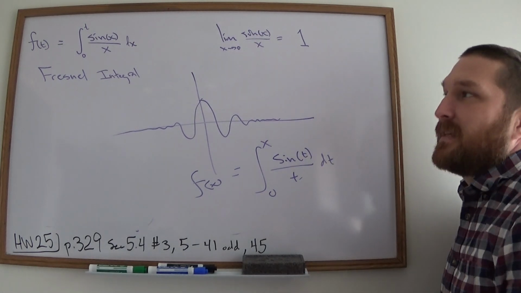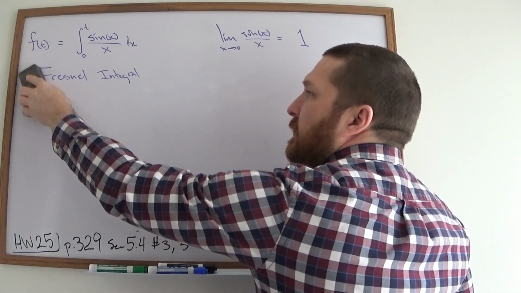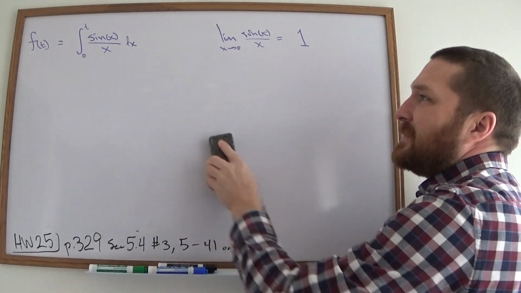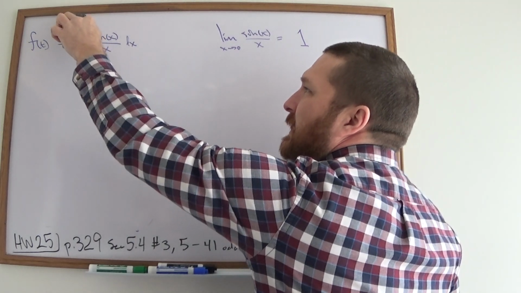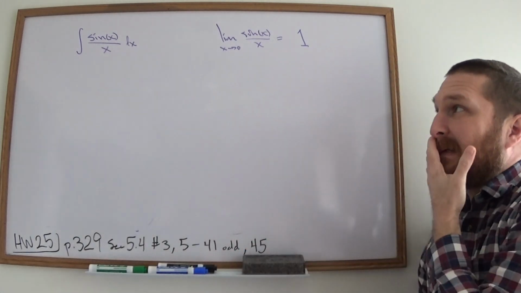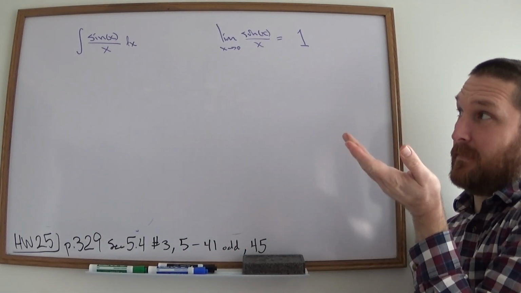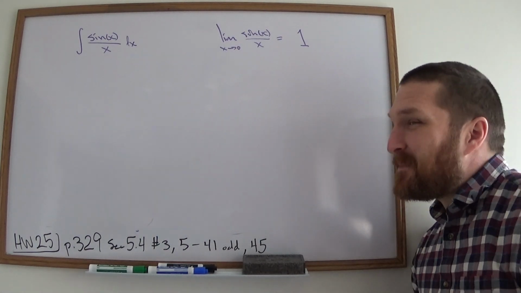But just thinking about this thing in and of itself, there's not an antiderivative. So if you're thinking about it like this, what's that original function? But check this out.